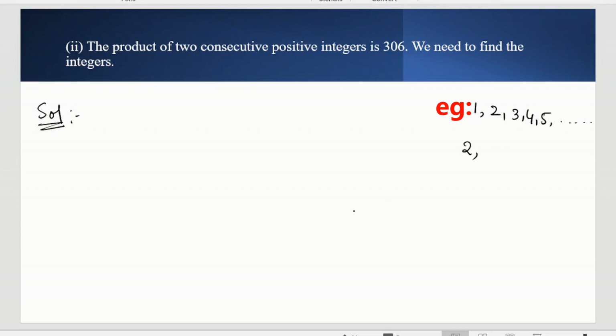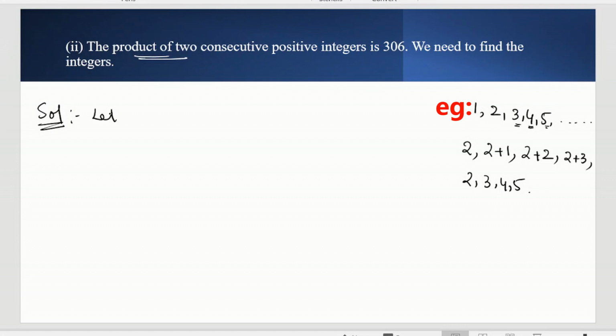This is 2. After 2, if you want the number 3, you can take it as 2 plus 1. And if you want the number 4, you can take it as 2 plus 2. And if you want the number 5, which is 2 plus 3. Correct? So you will get 2, 3, 4, 5. We need to find the product of two consecutive integers.